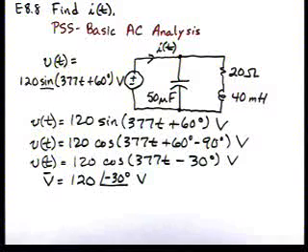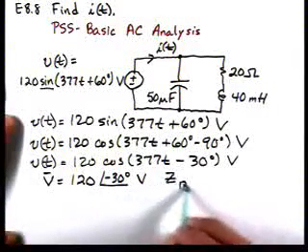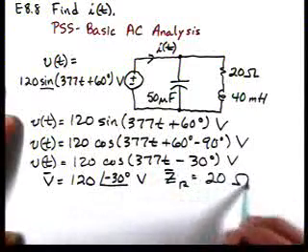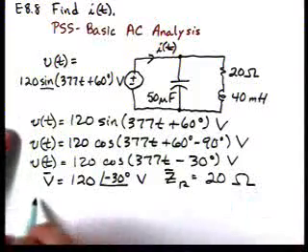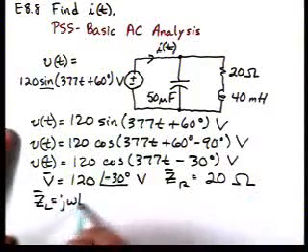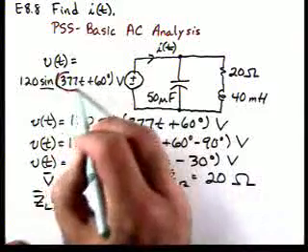Now we need to convert our elements to impedances. For instance, the impedance of the resistor, Z sub R, we know that's just R, so that's 20 ohms. For an inductor, Z sub L is J omega L. Now the omega is given here.